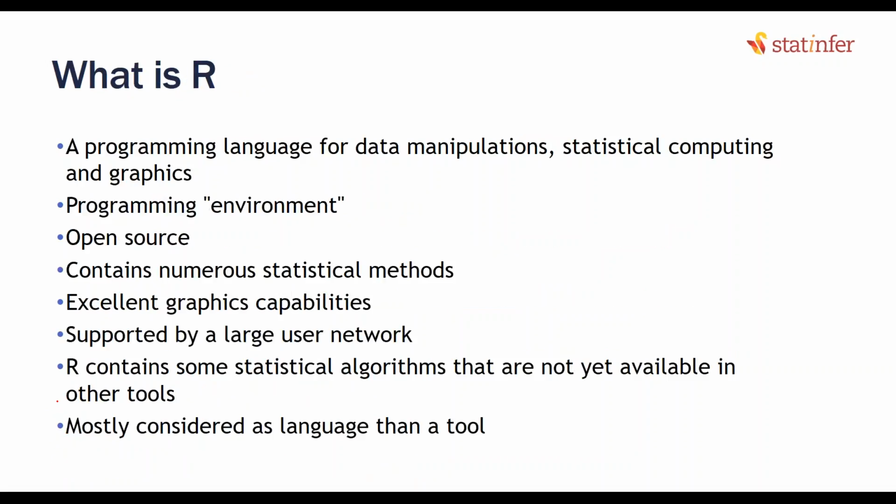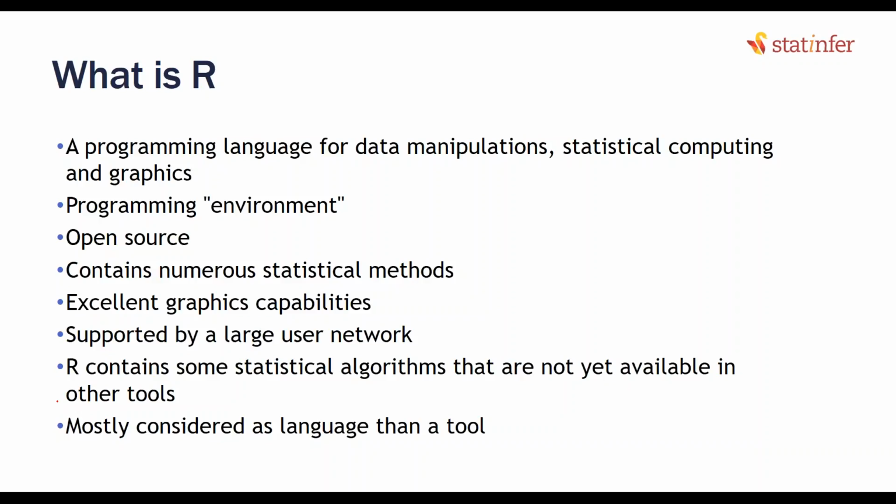Okay. What is R? R is open source, which means it's free to use for anybody. It's a programming language for data manipulation and statistical analysis. It contains numerous statistical methods, and there are so many analytical packages already available in R. It is supported by a large user network and has excellent graphic capabilities.